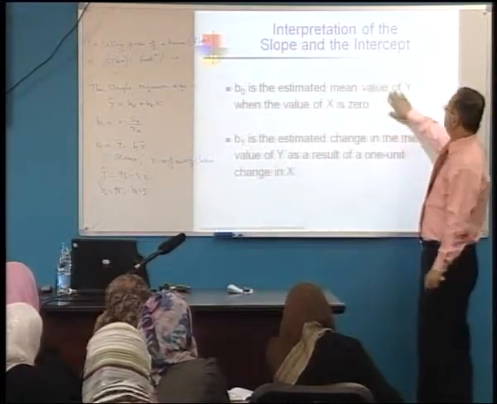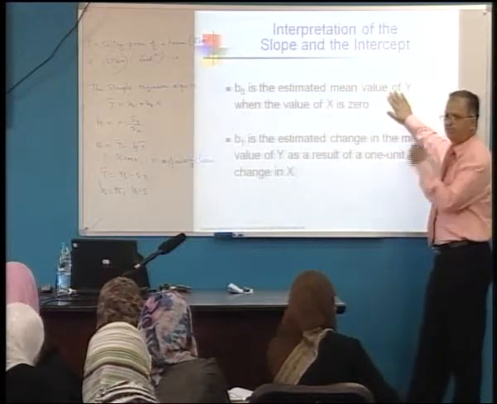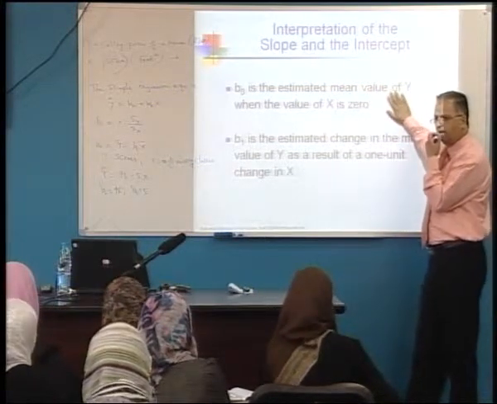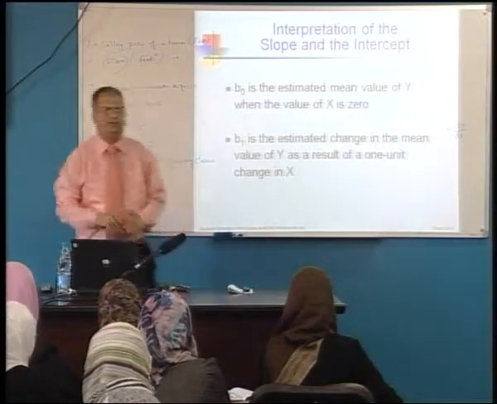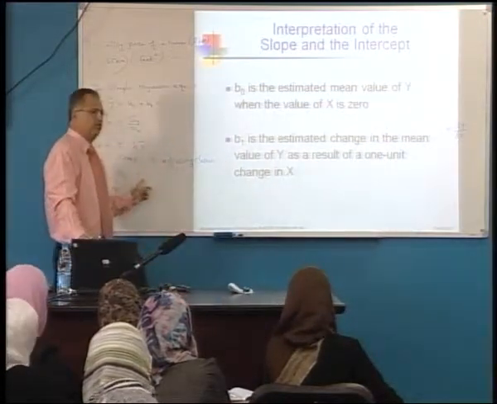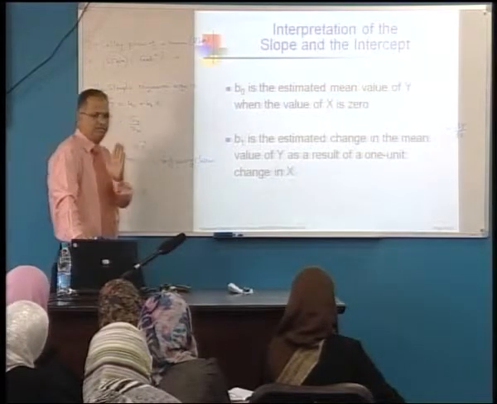b0 is the estimated mean value of y when the value of x is 0. That means if the student does not miss any class, that means x equals 0.